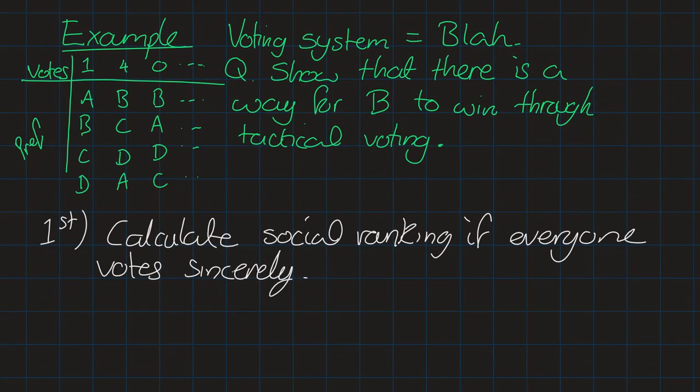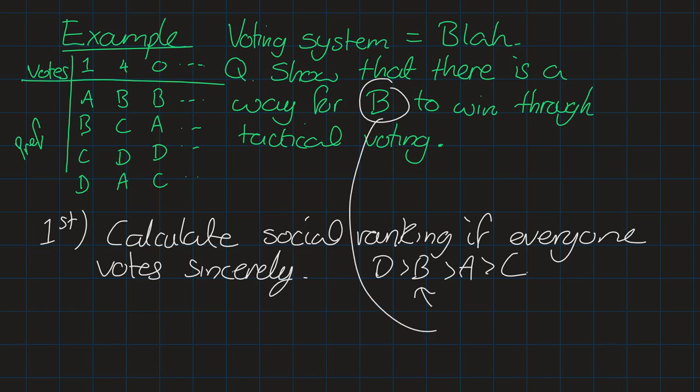And you should hope that B is not the winner, because the question says there's going to need to be some tactical voting. So you should get an answer that looks something like D, B, A, C, or something like this. But the most important point is B is not going to be the winner.